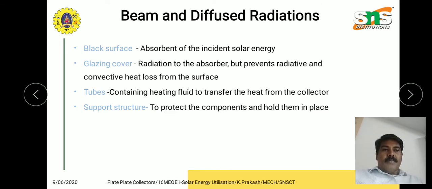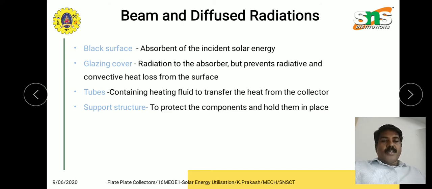So this is because there are two types of radiation. One is beam radiation, another one is diffuse radiation. So the radiation which is directly falling on the flat plate collector is beam radiation.